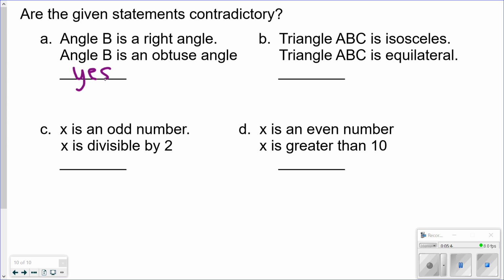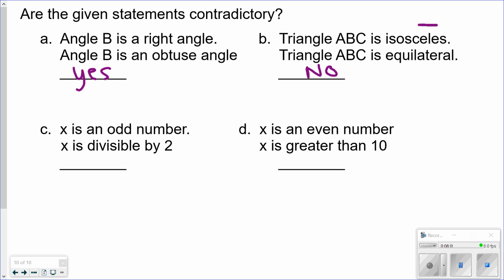Let's look at B. Triangle ABC is isosceles and triangle ABC is equilateral. Are these contradictory? Now this is a trick question. The answer here is actually no, because technically an isosceles triangle is a triangle that has two congruent sides. An equilateral has three.